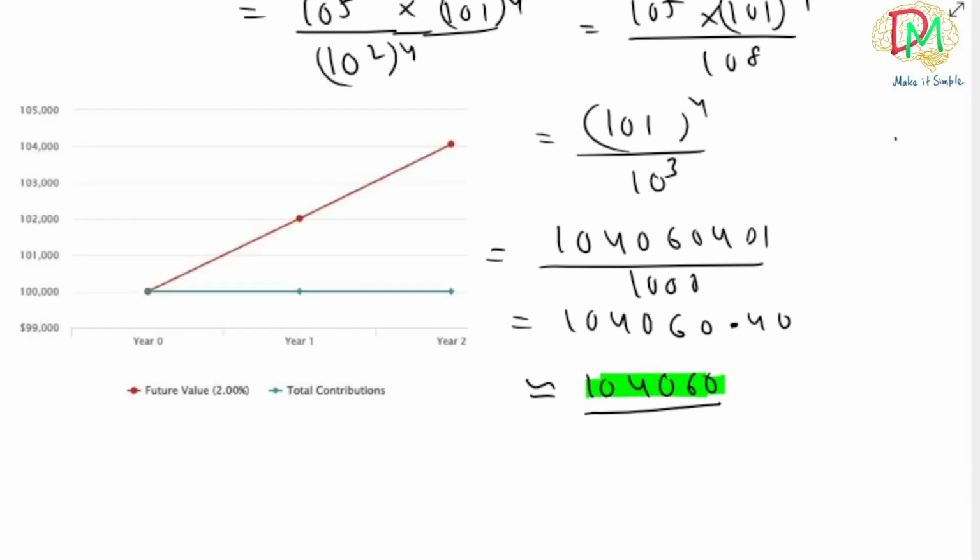With this graph the bacteria will grow. The initial value was 1 lakh, and after 1 year it will be here.